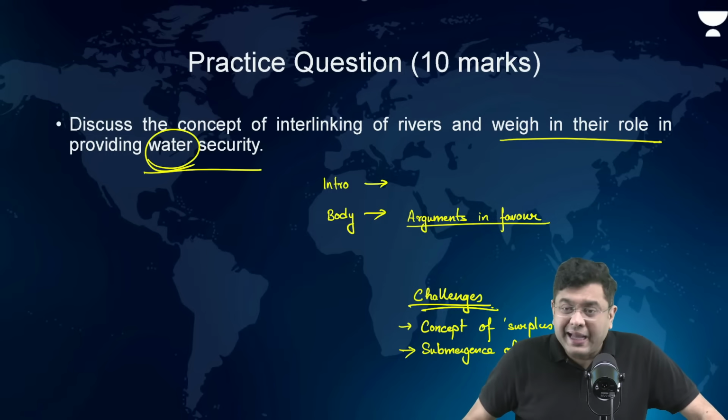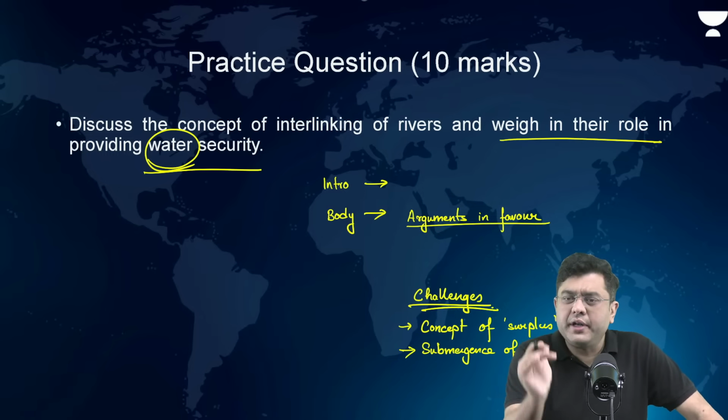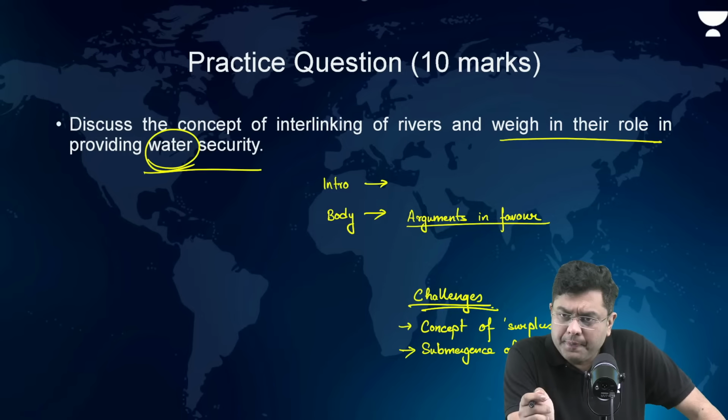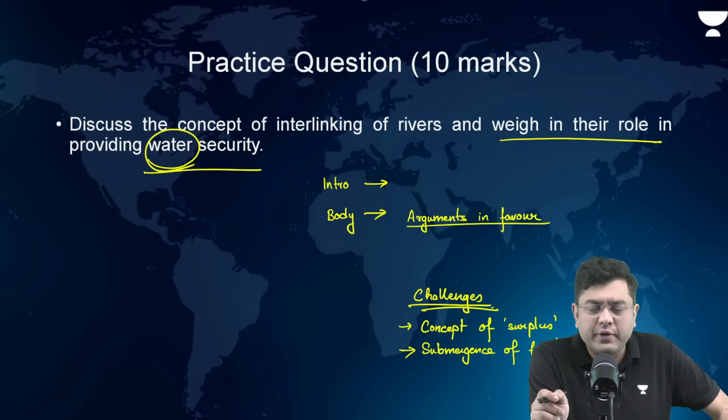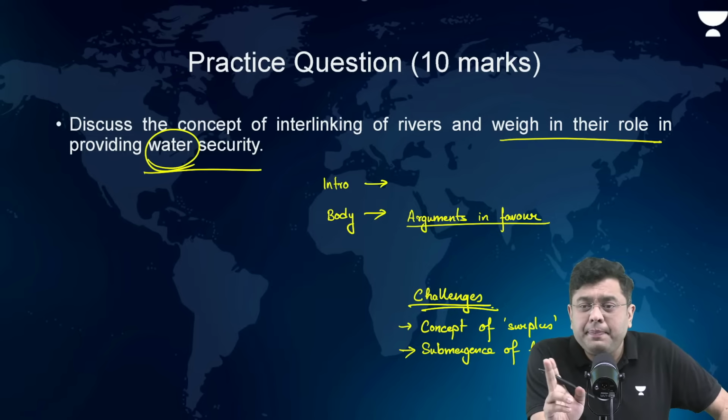Okay. Now, once you have written these, how to conclude? Because the question is of water security, you have to talk about it. Interlinking of rivers is not the ultimate panacea or the ultimate solution to water security or water scarcity.